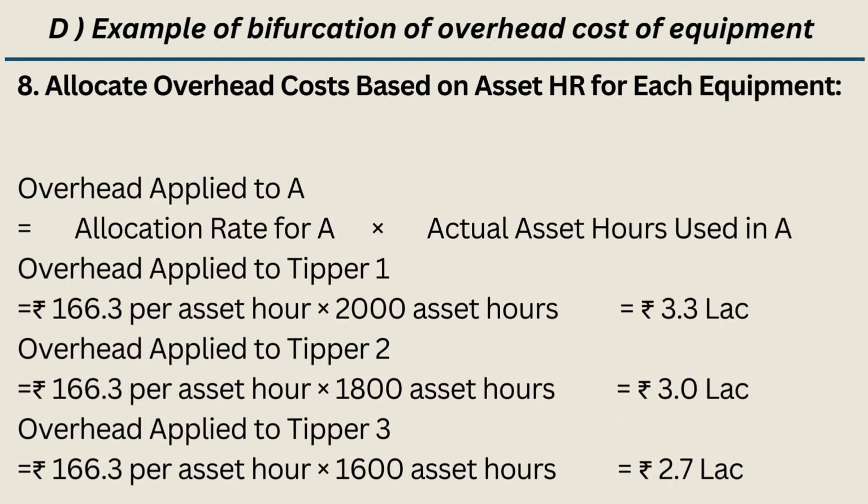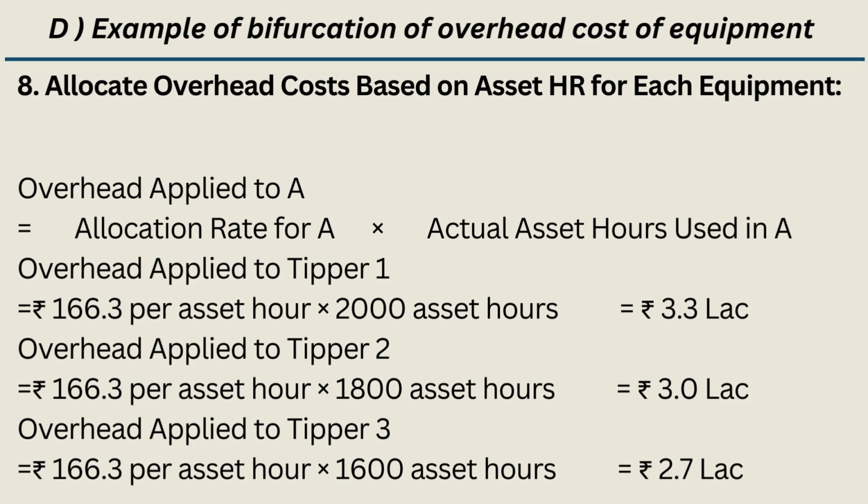8. Allocate overhead costs based on asset hours for each equipment. For equipment in category A using 5,400 asset hours. Overhead applied to A equals allocation rate for A multiplied by actual asset hours used in A. Overhead applied to tipper 1 equals 166.3 Indian rupees per asset hour multiplied by 2,000 asset hours equals 3.3 Indian rupees lakh.